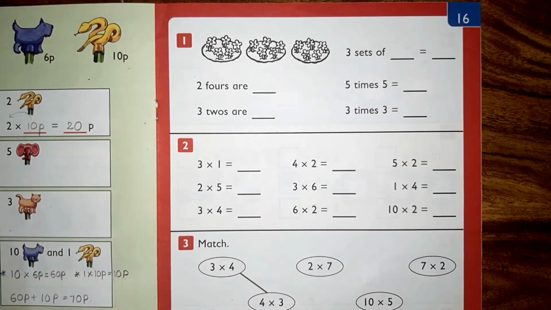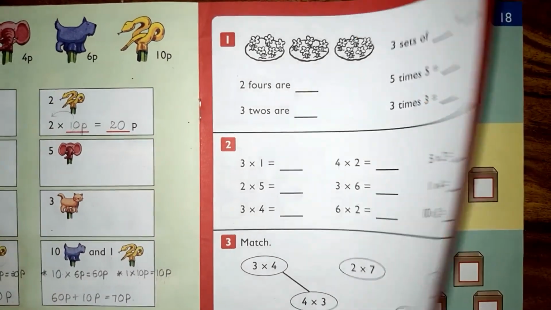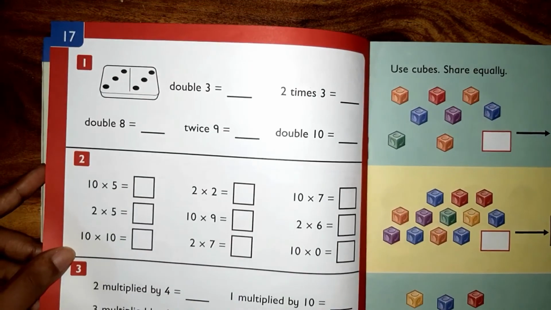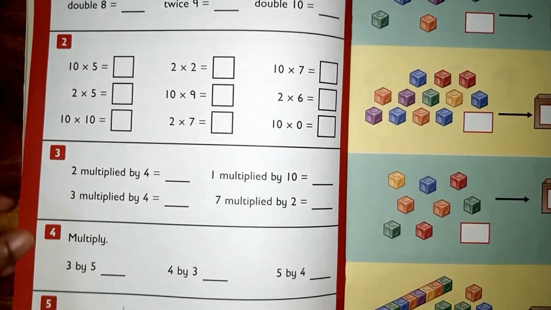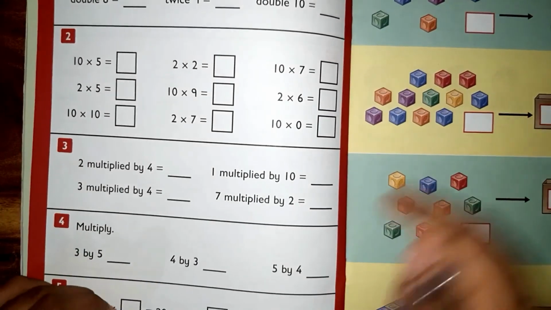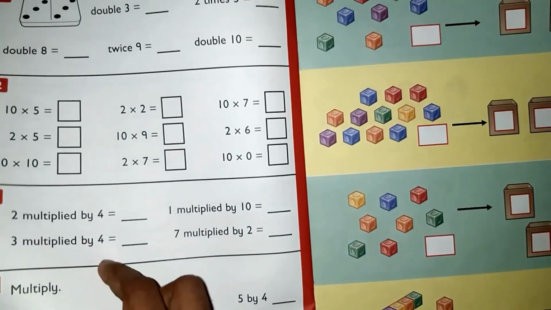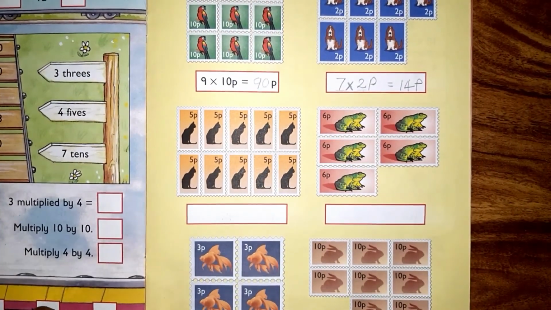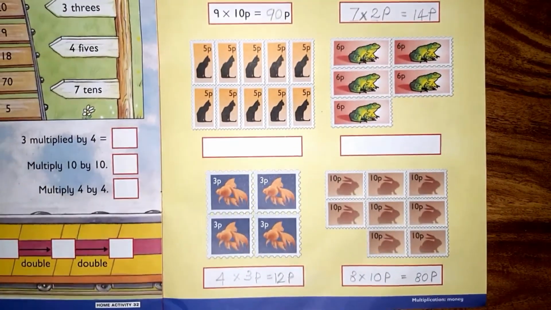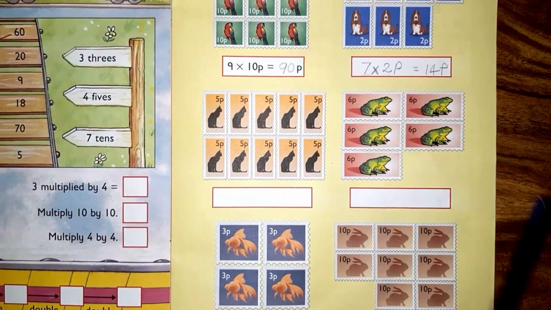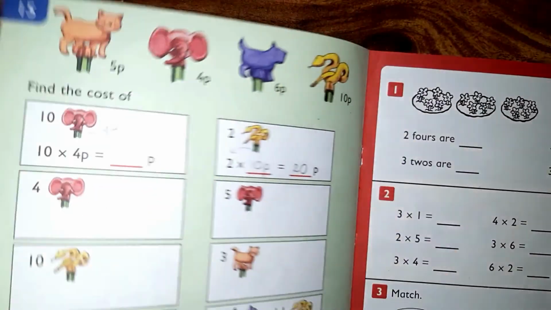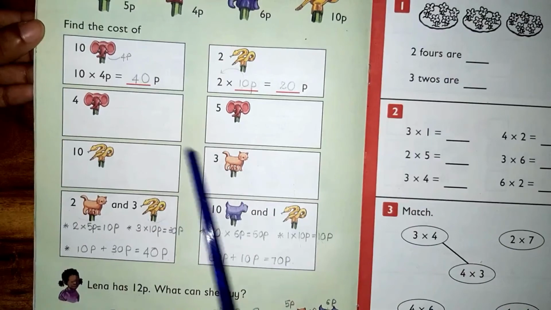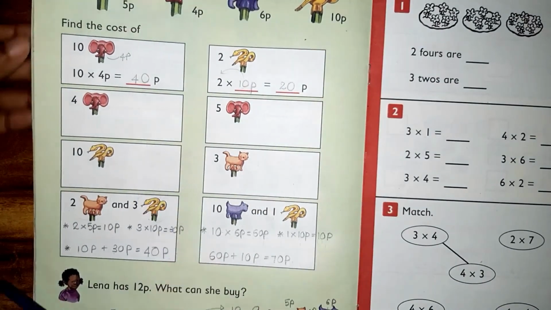This is the assignment and it will end here on page number 17. So up to here you need to complete. I'm going to tell you what the homeworks for today are again. We have done this page together up to here, and you need to do these 2 alone. And on the next page you need to do these 4 alone.